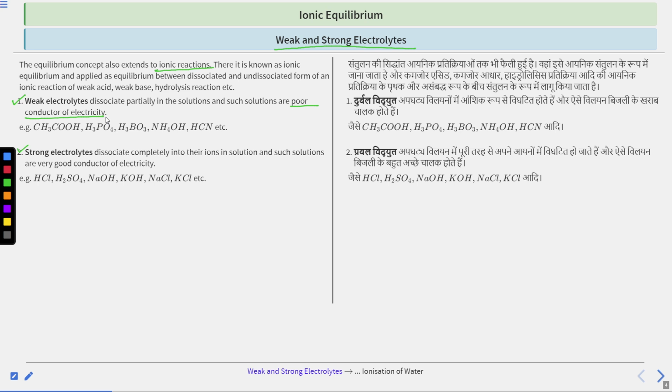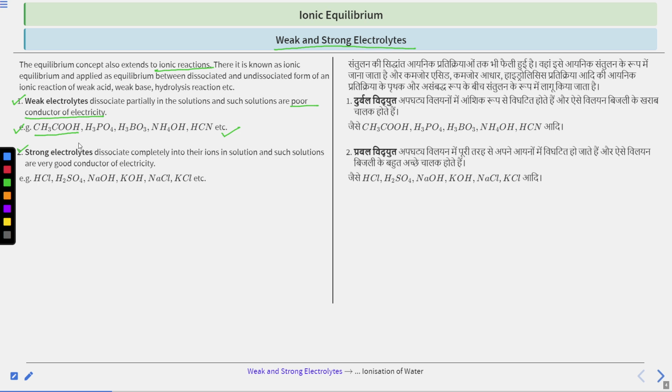They do not conduct electricity well. Examples of weak electrolytes are CH3COOH, acetic acid, H3PO4, H3BO3, NH4OH, or HCN. These are some examples of weak electrolytes.